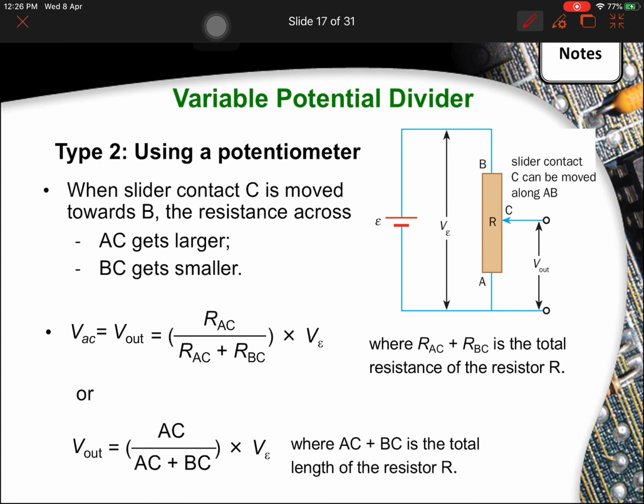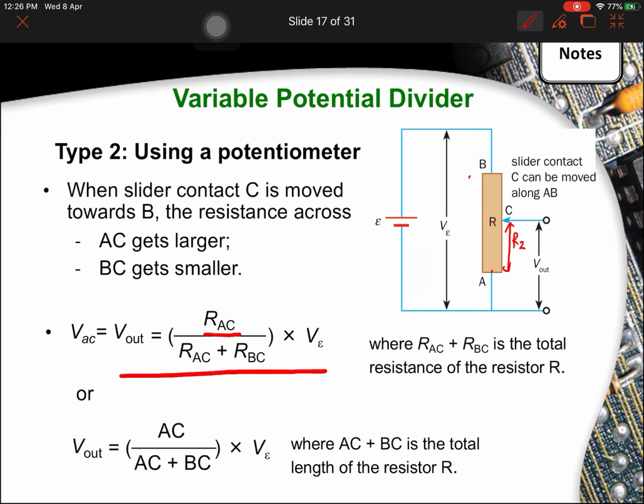Type 2, using a potentiometer. As we said just now, because your resistance is proportional to your length, this equation over here is the exact same equation, just that this is my R2, which is also the resistance of the wire between A to C. So that's why I call it RAC.